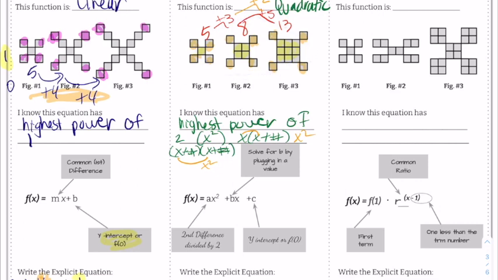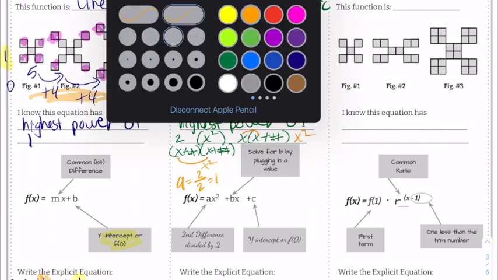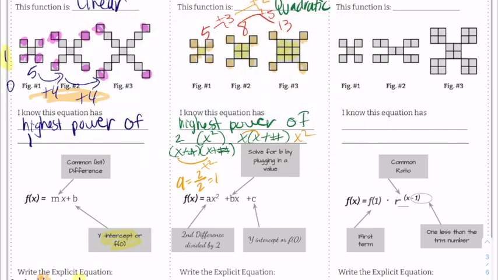So if we start there, notice that our second difference here is 2, right? Because we had 5 here, 8 here, 13 here. So these are 3 apart, these are 5 apart, and then those are 2 apart, right? So then when those are 2 apart, that means that our a value is going to be 2 divided by 2, which is 1.